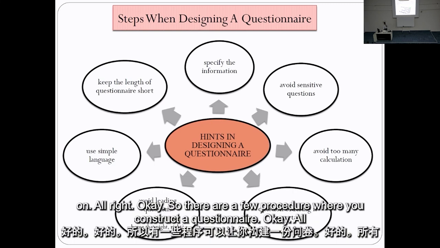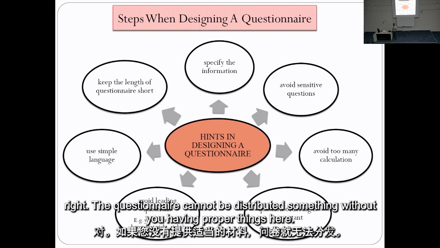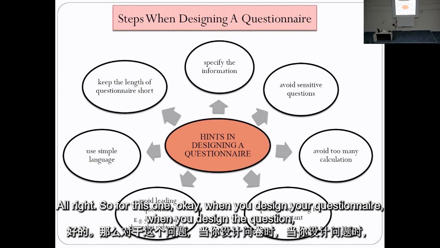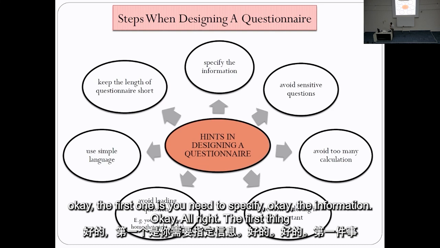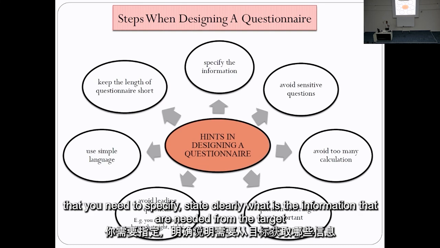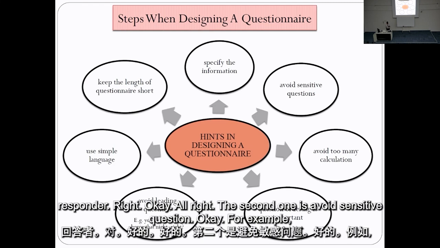There are steps and procedures when you construct a questionnaire. It cannot be distributed without proper preparation. When you design your questions, first specify clearly the information needed from the target respondents. Second, avoid sensitive questions.